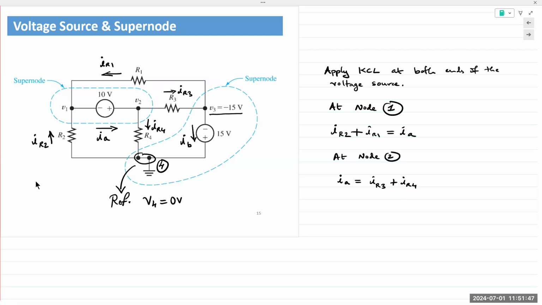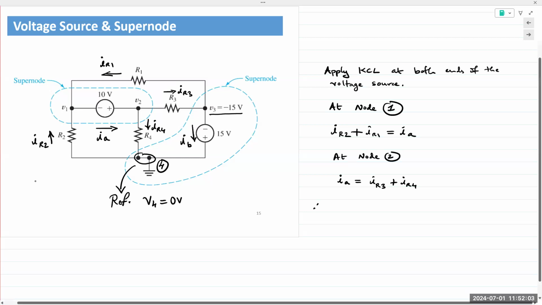And here's the thing. If X equals A, and Y equals A, then I can state X equals Y. And so I can state from both of these equations, IR1 plus IR2 is equal to IR3 plus IR4.